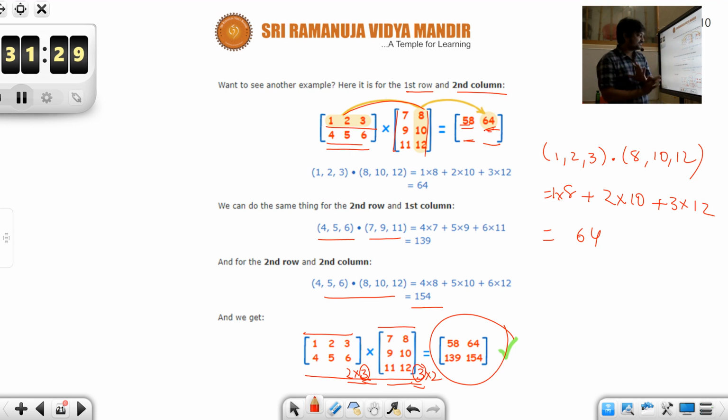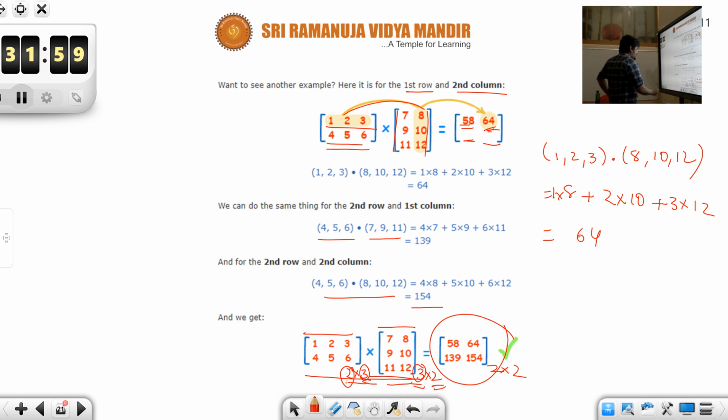Then only you can perform it. And the resultant size would be equal to the number of rows of the first matrix and the number of columns of the second matrix. These two are matching, and you get the extreme ones: 2, the rows of the first matrix, and 2, the columns of the second matrix.